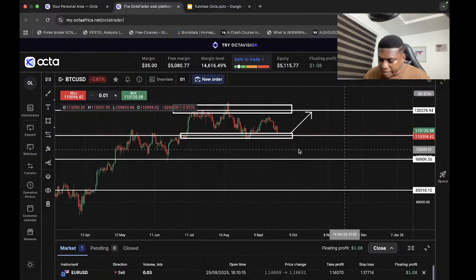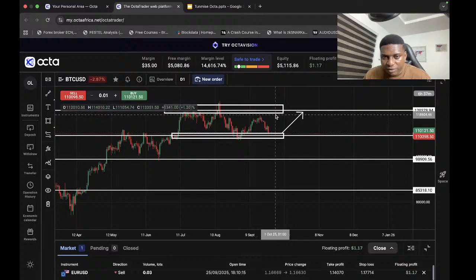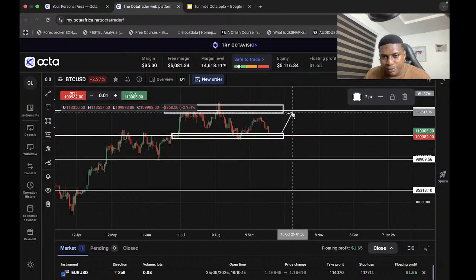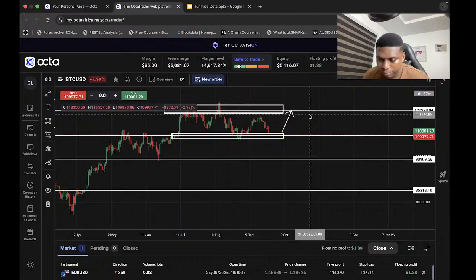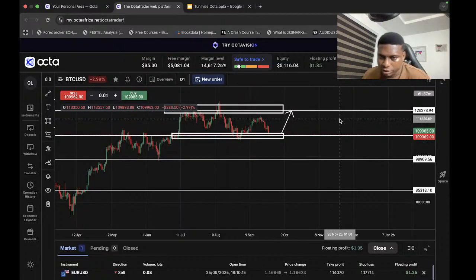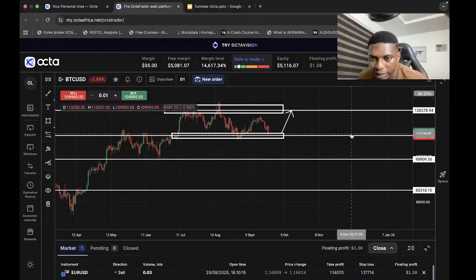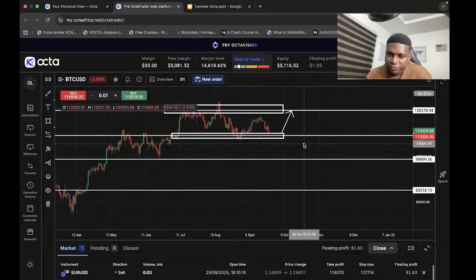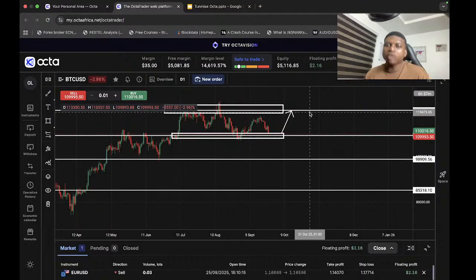Alright, so if this is the new level of resistance and this is the new level of support, if price comes here, there is a higher chance that price will bounce back up. That's if price comes to the 109k price level, there's a chance that price will pick up from this level, all things being equal.